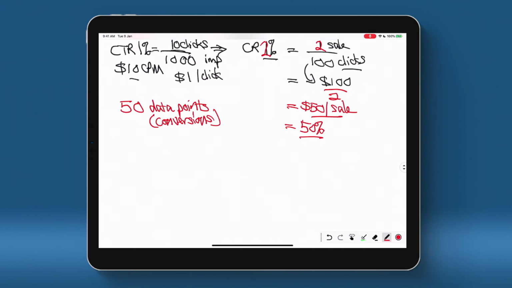The next part, which is fairly critical, is the time period that you need to accomplish this goal of yours. So we know that we need to accrue or accumulate 50 data points to help Facebook with the learning. And we need to accomplish this within a 7-day period.